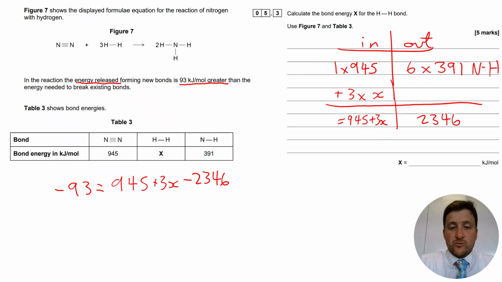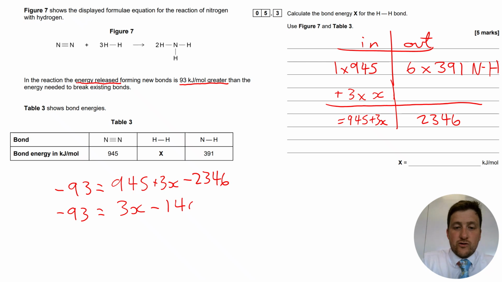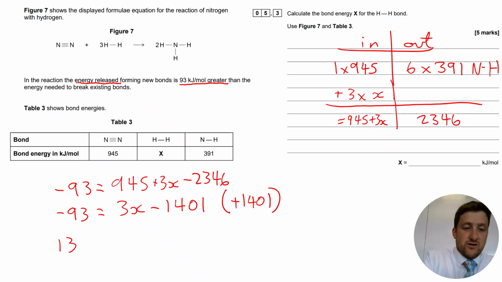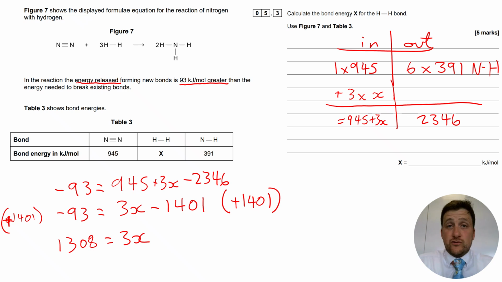Now, using a bit of algebra, simplifying my equation, I can then get to minus 93 equals 3x minus 1401, and then I'm going to rearrange to solve for x. What I'm going to do on this side is add 1401 on both sides, which is going to equal 1308 equals 3x, and then fully solve for x.